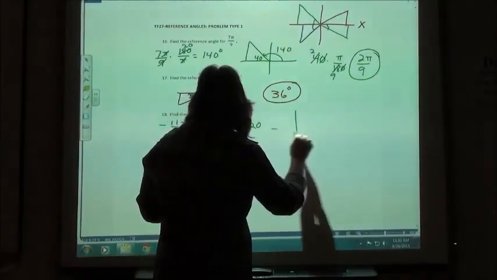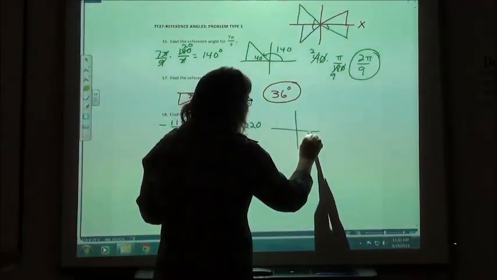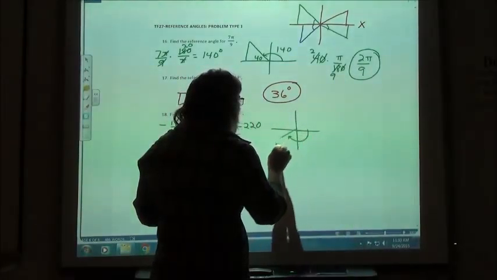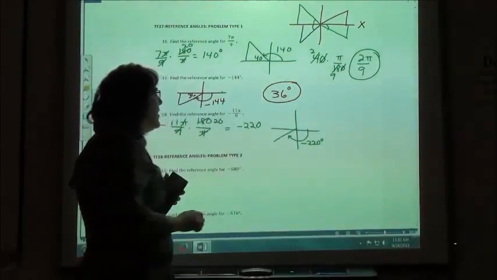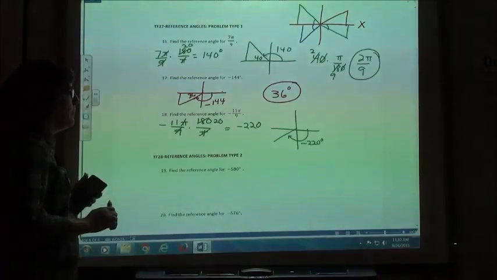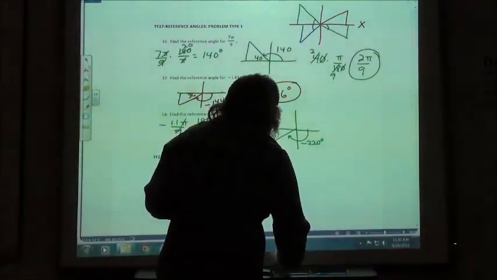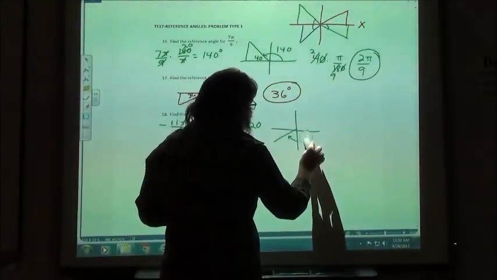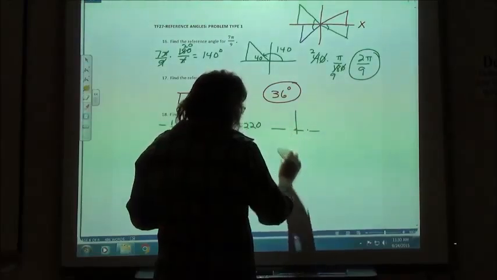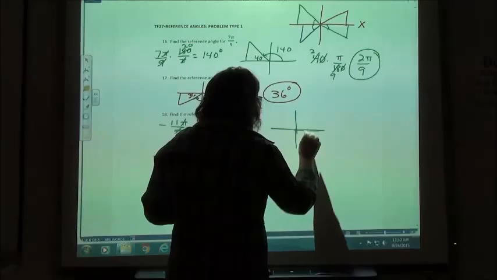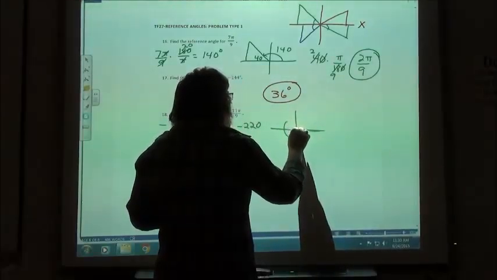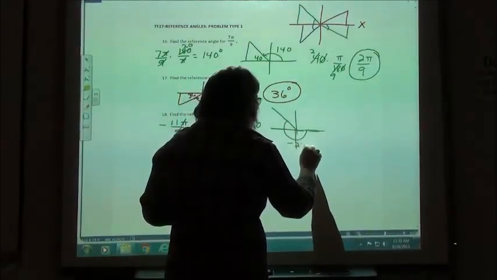So negative 220 degrees, again, ends up being over here in quadrant 3. And so I'm thinking about, no, negative 220 doesn't end up being in quadrant 3, because I'm not to 180 yet. Negative 220 ends up being in quadrant 2 if I go far enough, because there's 180. So that's negative 220.